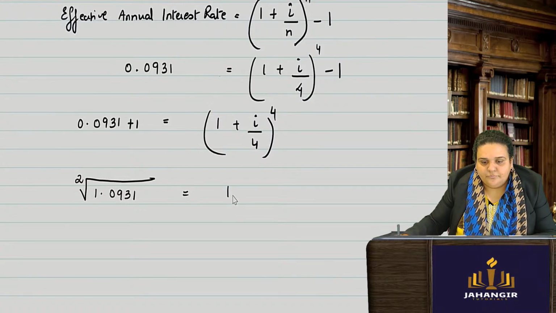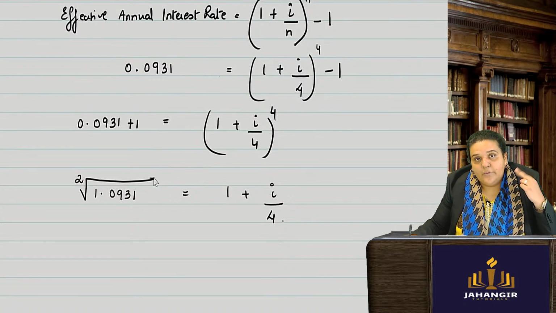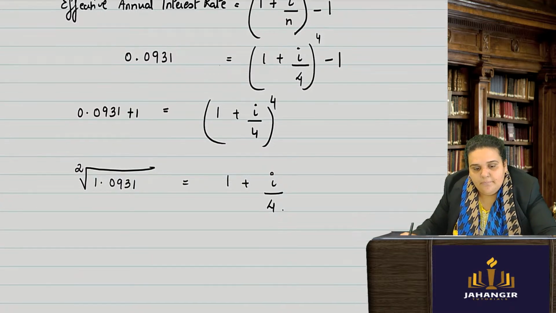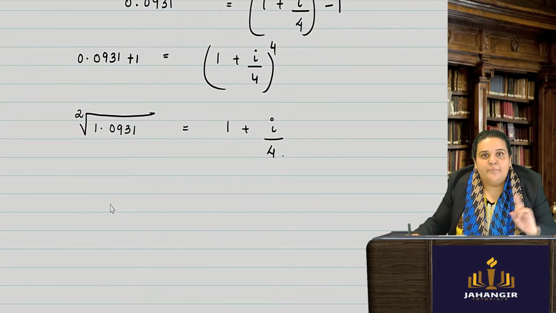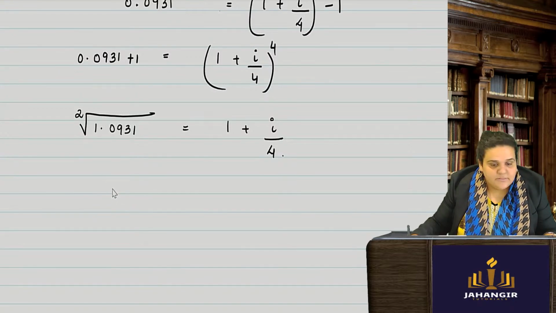So this 4 will go from here, since I am taking 4 to the other side. Now I'll have to take the square root of this number, but twice. When I'm doing the square root of 1.0931 twice, I'm getting the number as 1.0225.